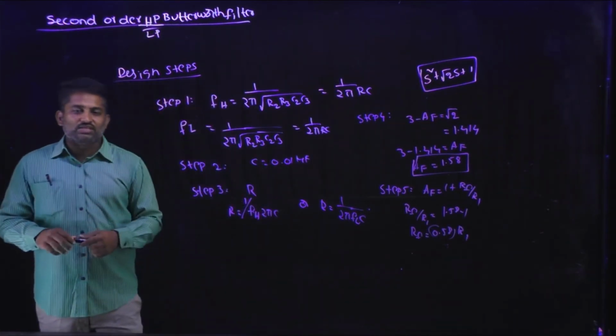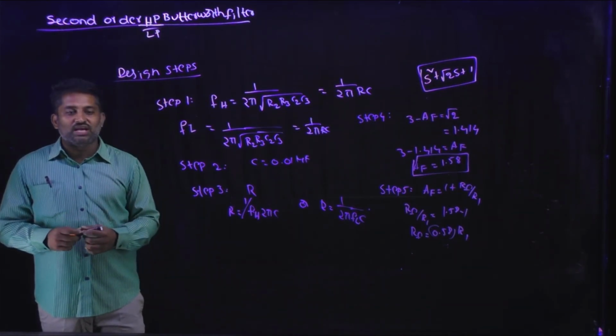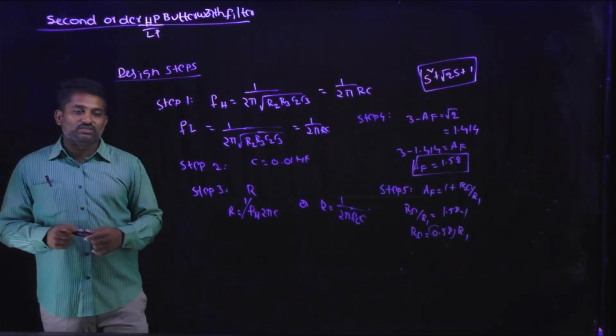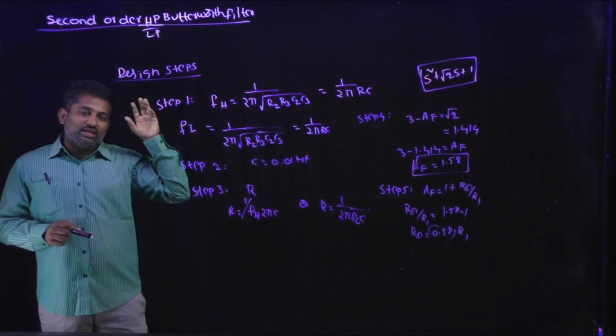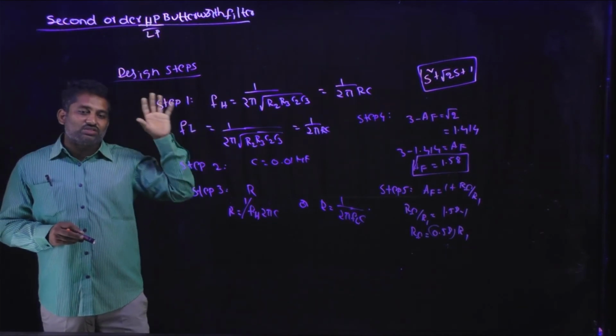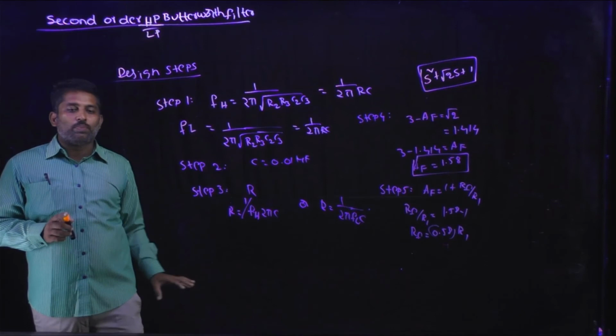From the exam point of view, use these design steps for the second order high pass as well as the low pass filters, and clearly identify what they asked you to design, whether it may be high pass or low pass.